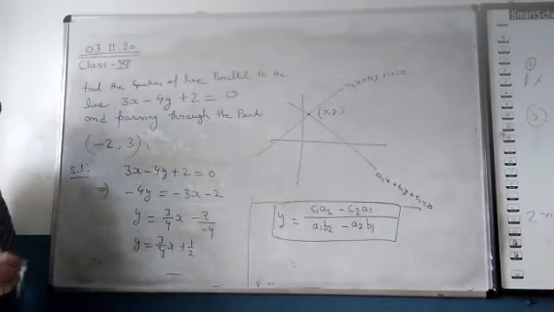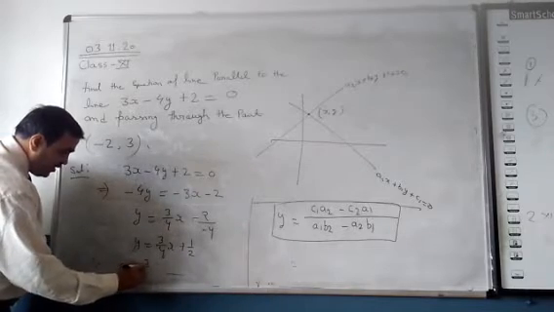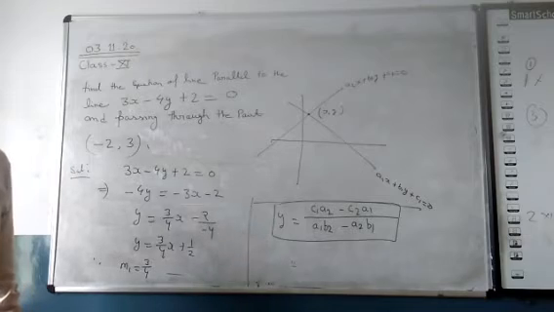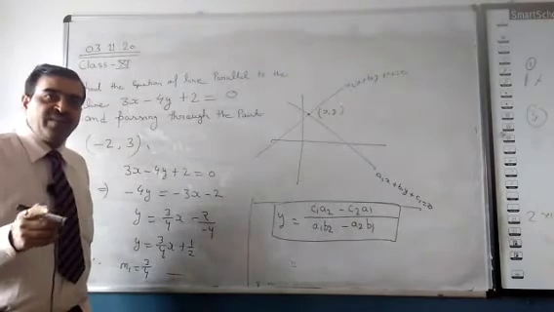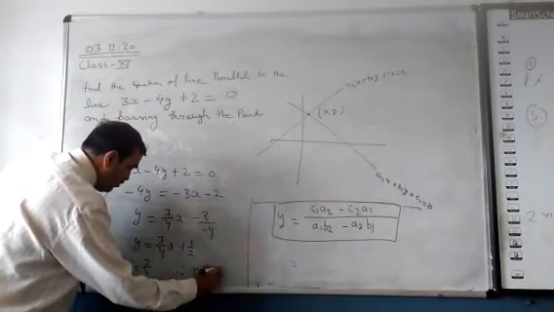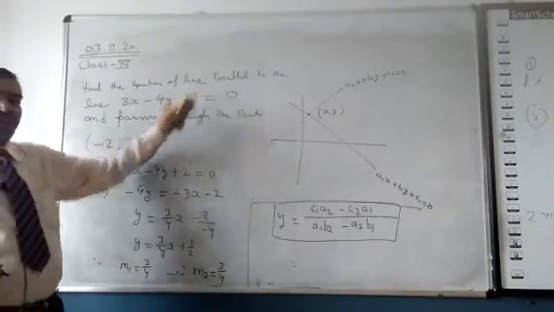Therefore the slope of this line m1 is equal to 3 upon 4, and let us consider the slope of the required line to be m2. Then m2 is also 3 by 4, because both lines are parallel.